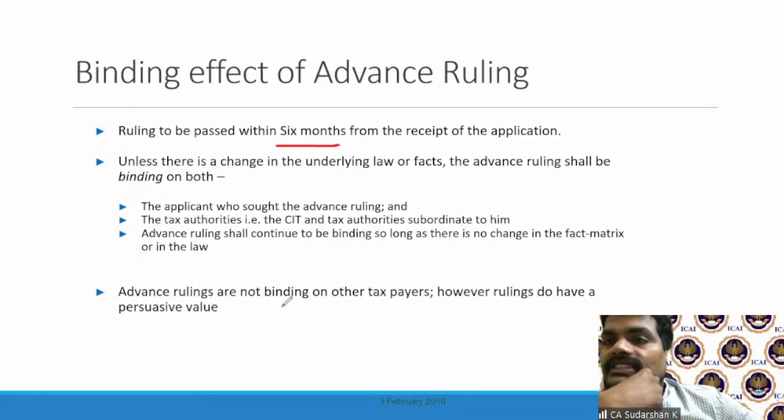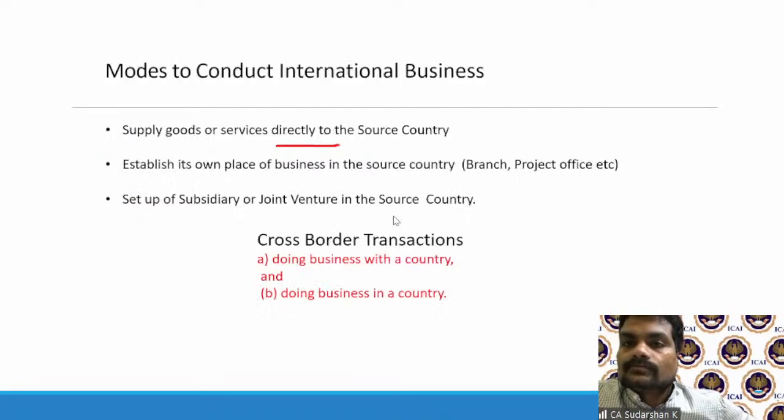When the Authority for Advance Ruling was there, all the rulings were made public. Now, one is not sure whether in BAR, that is Board for Advance Ruling, the rulings will be made public or will it only remain private. We are not sure about it. We need to wait and watch, because this is a new phenomenon effective from 1st September 2021.